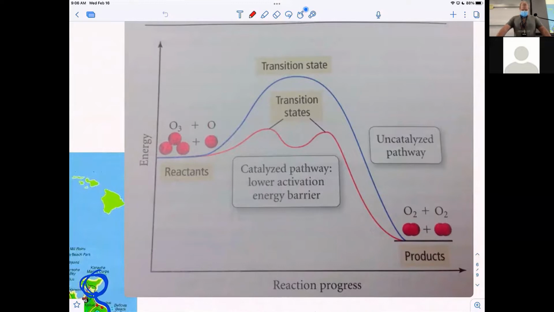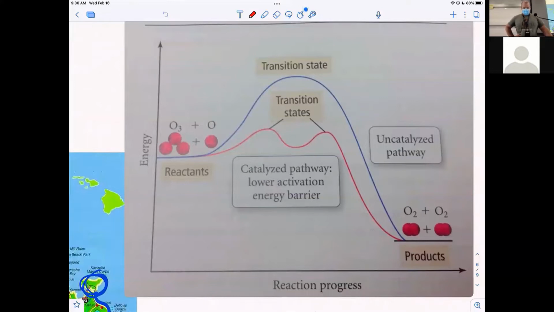This is a very important reaction because up in the ozone layer, this reaction takes place in the presence of radiation, UVB radiation specifically. This reaction helps to block much of the UVB radiation coming from the sun down to the surface of the earth.